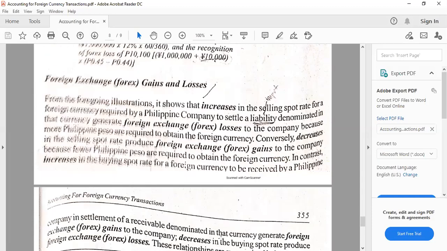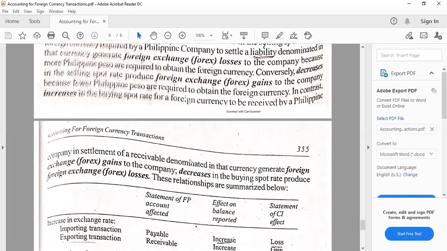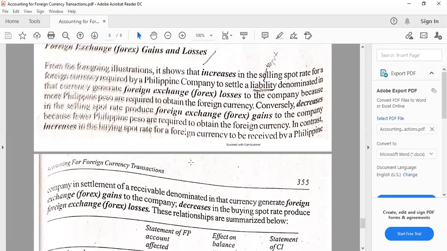Now to summarize foreign exchange gains and losses, whether there will be gains or losses if selling spot rates increase, that's going to be a matter of which transaction we are talking about. Does it involve a receivable or a payable?